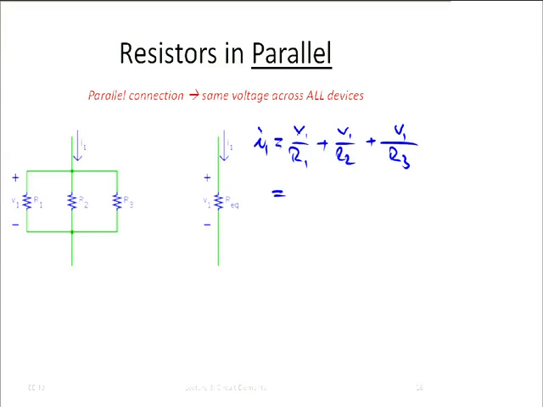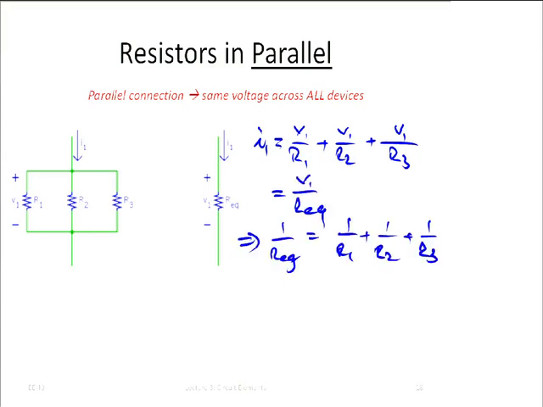And from here we can see that 1 over R_eq is equal to 1 over R1 plus 1 over R2 plus 1 over R3. Okay, fine. So it's a little bit more inconvenient than the series connection because we have to add up all these fractions, but at least that's correct.